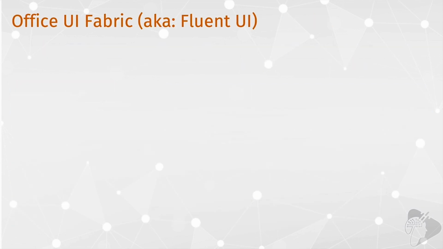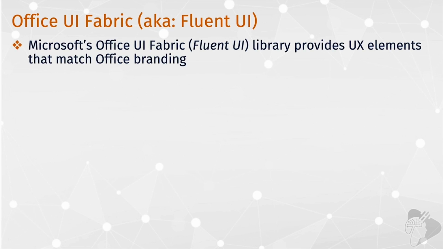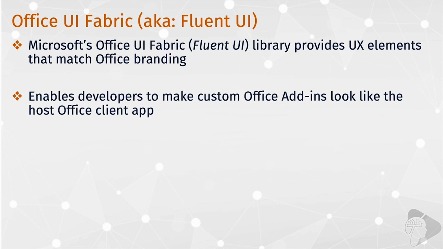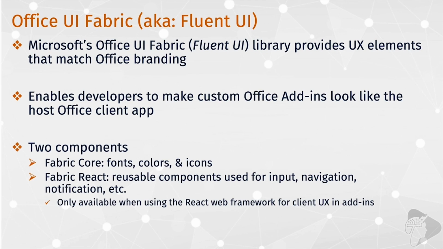Now, Microsoft's Office UI Fabric library, which was recently renamed to Fluent UI, provides elements that adhere to the Office branding so that your add-in looks like the hosting app, very familiar to your end users. It doesn't look like a third-party thing. It consists of two primary components: Fabric Core and Fabric React. Fabric Core, think of that as just like CSS.